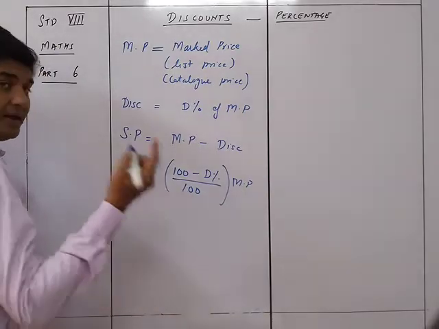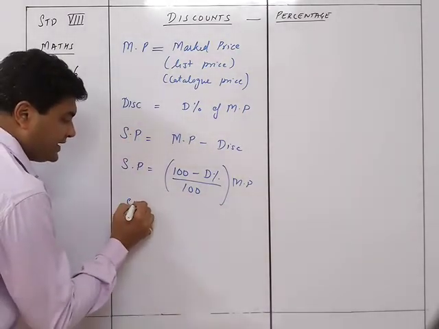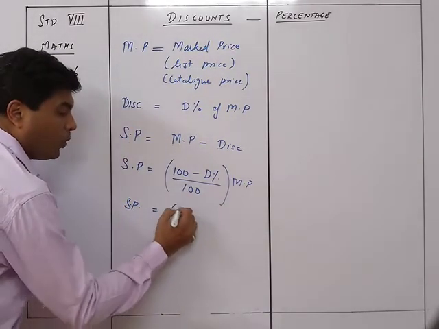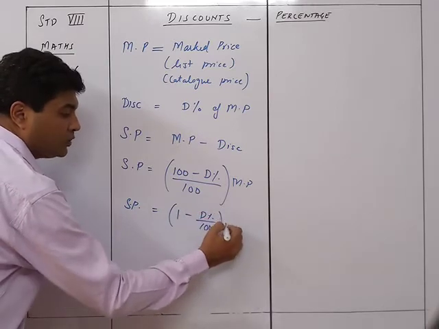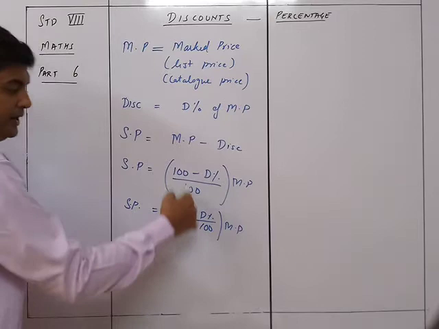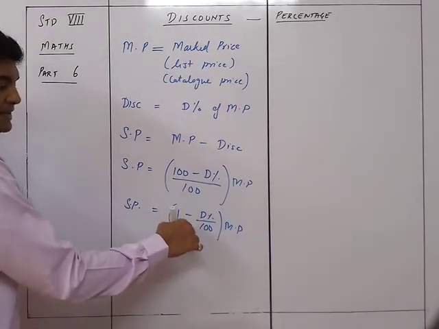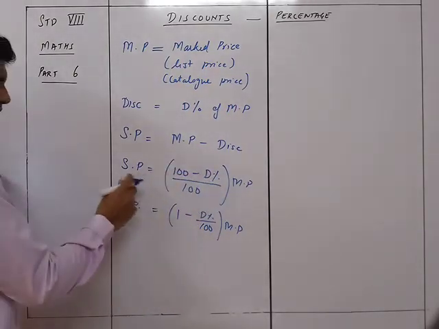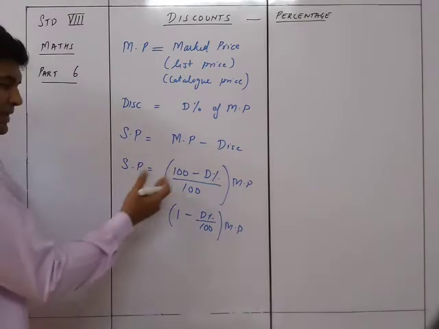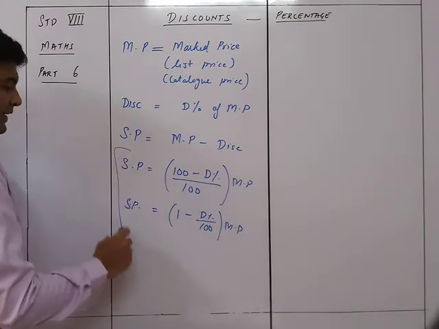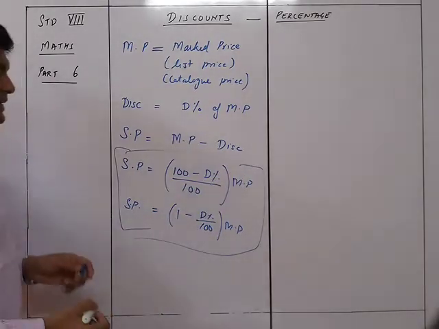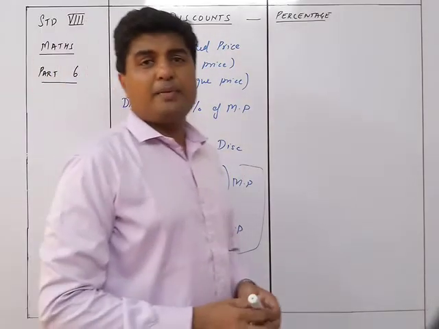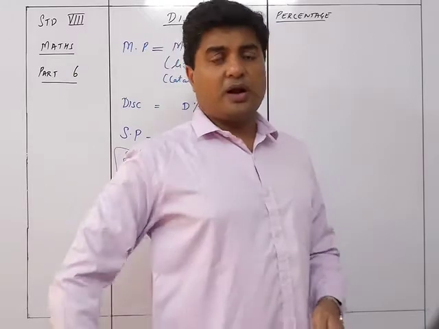Or we can also write it, as I told you earlier, as selling price is equal to 1 minus discount percent upon 100, into mark price. This is one and the same. It is just that in this case I have not taken the LCM, and here I have taken the LCM. I normally prefer this one so that it's easier to calculate later on and I am not making any mistakes. So this is the main formula: SP is equal to (100 minus discount percent) upon 100 into MP.